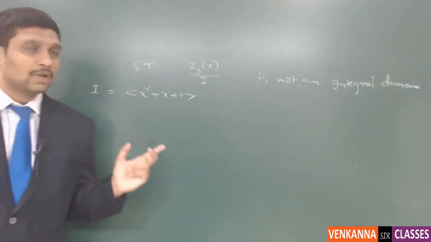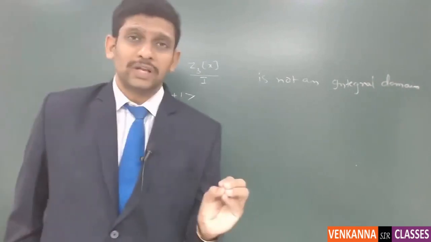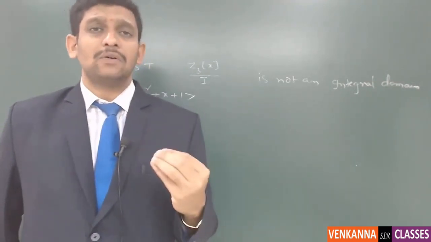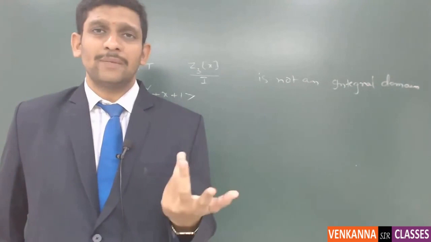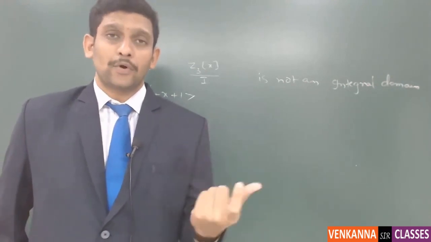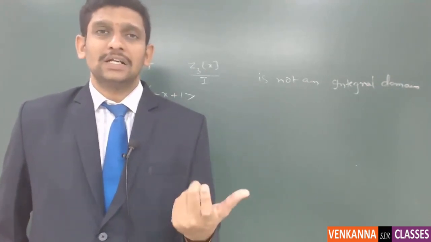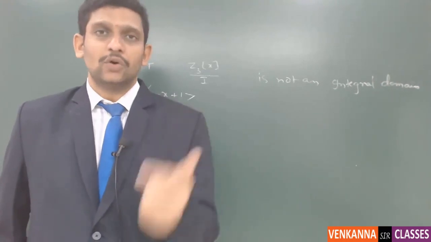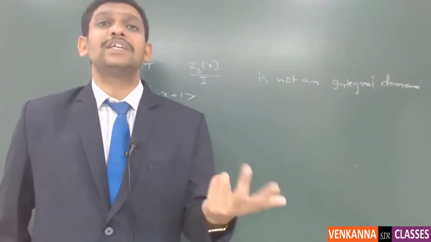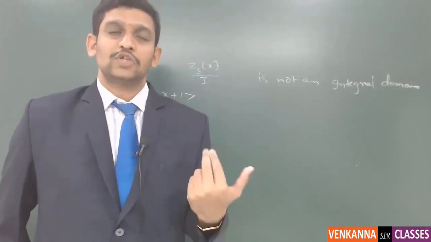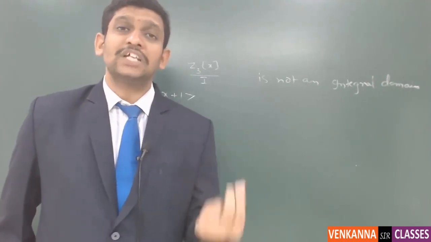So we have to show that there should be two elements or one element such that the product is 0, but the element is non-zero. So what is meant by having zero divisors?